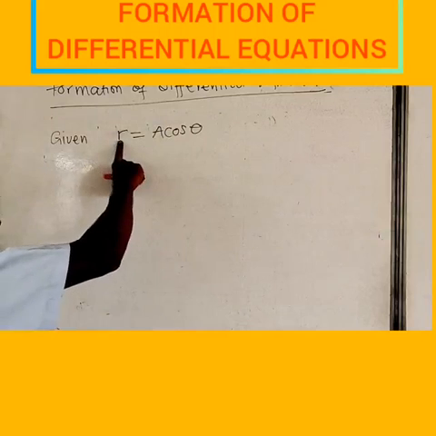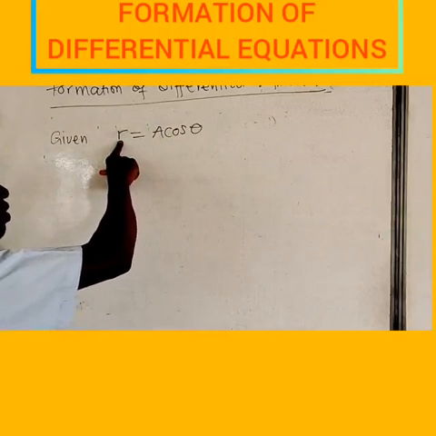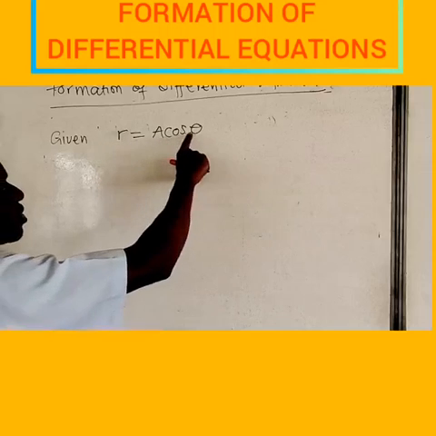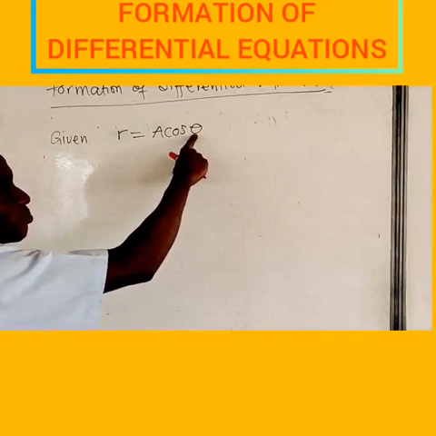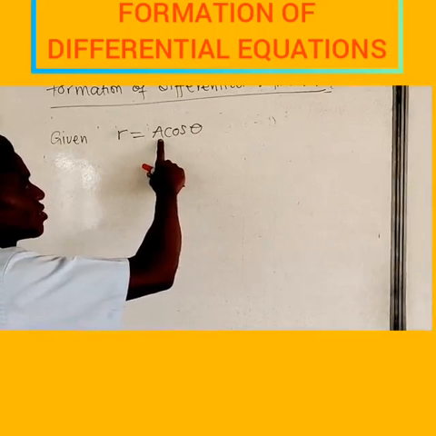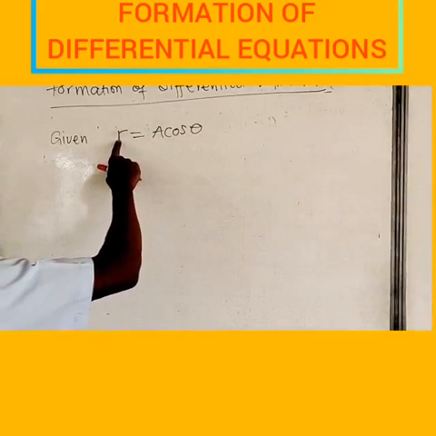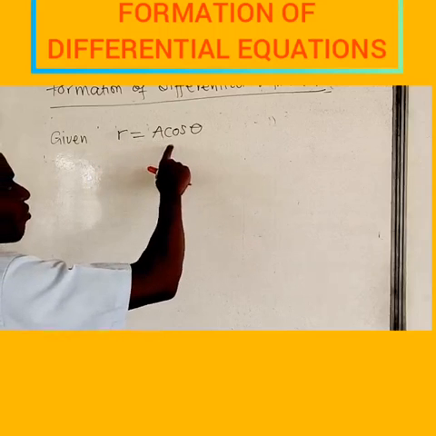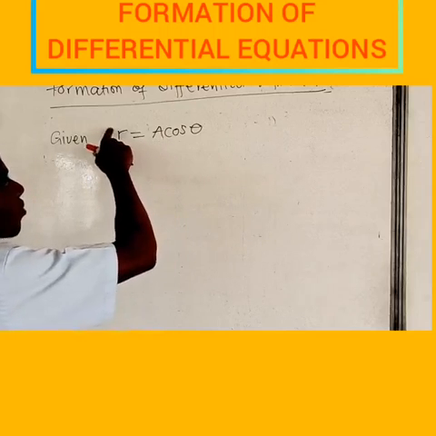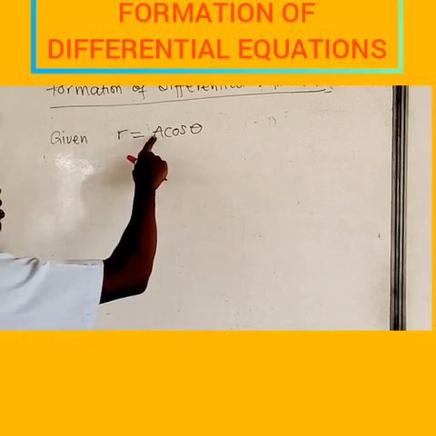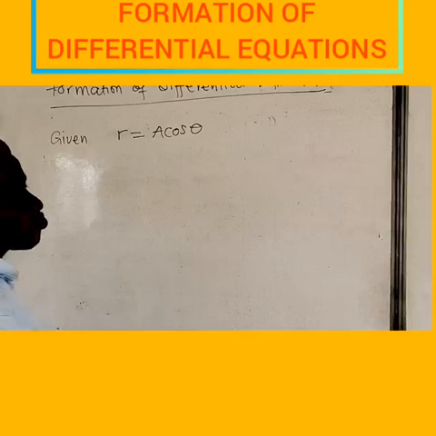Here we have r being the dependent variable, theta being the independent variable, and a is a constant. So this is an equation with only one arbitrary constant, so you have to differentiate the equation once.